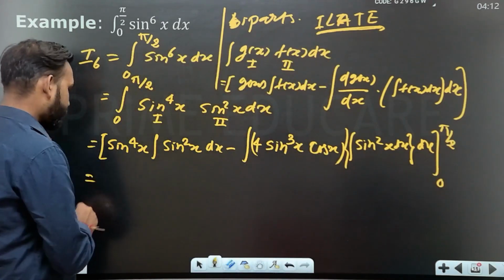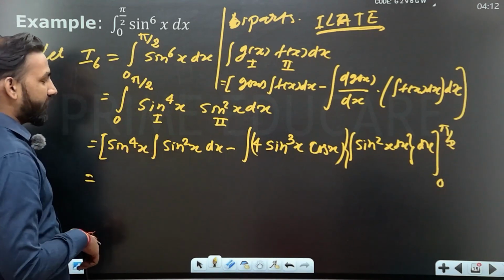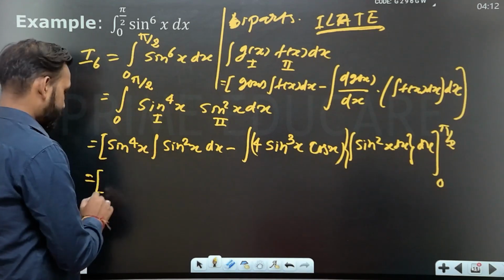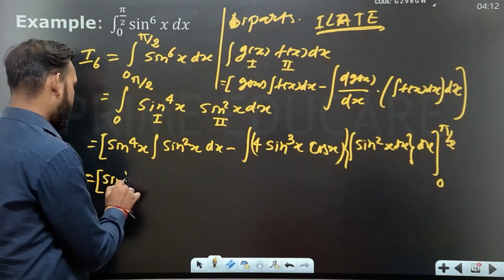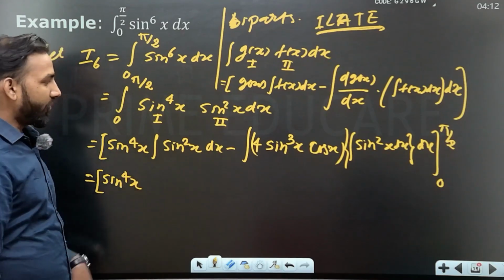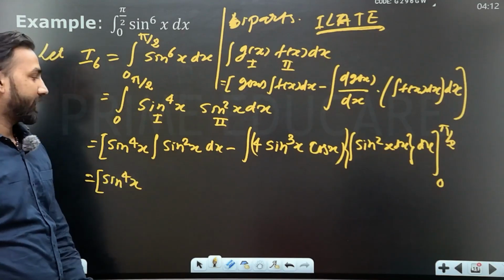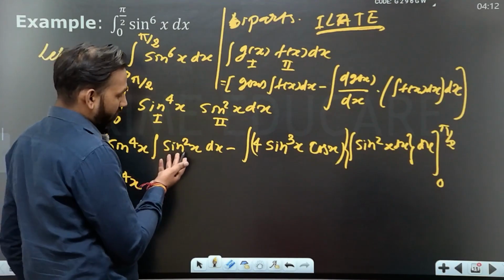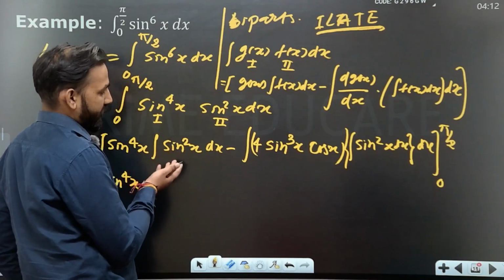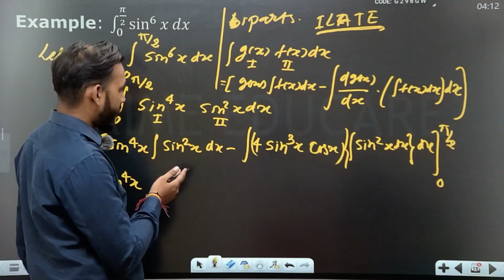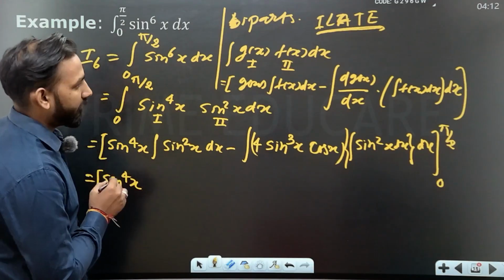Okay, no problem. Now what is the integration of sine square x? Since we don't know the integration of sine square x, we convert it using a particular formula.